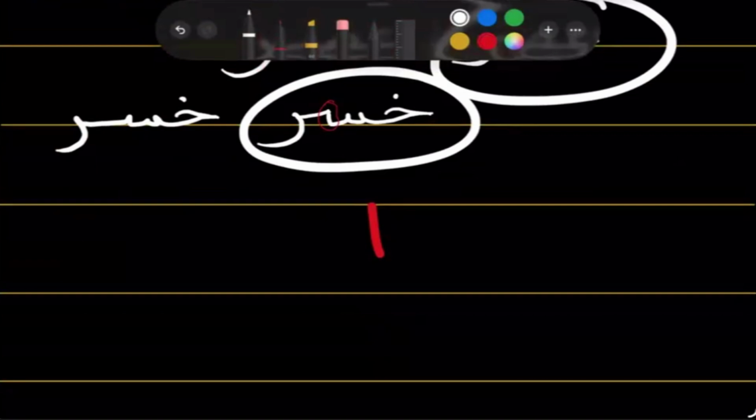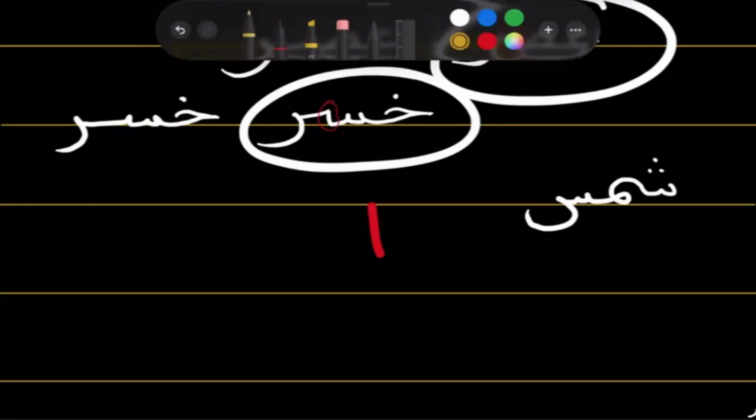Let's say, for example, the word Shams: sheen, meem. See what happened there? Took that third tooth and just used that third tooth to connect to the letter after.